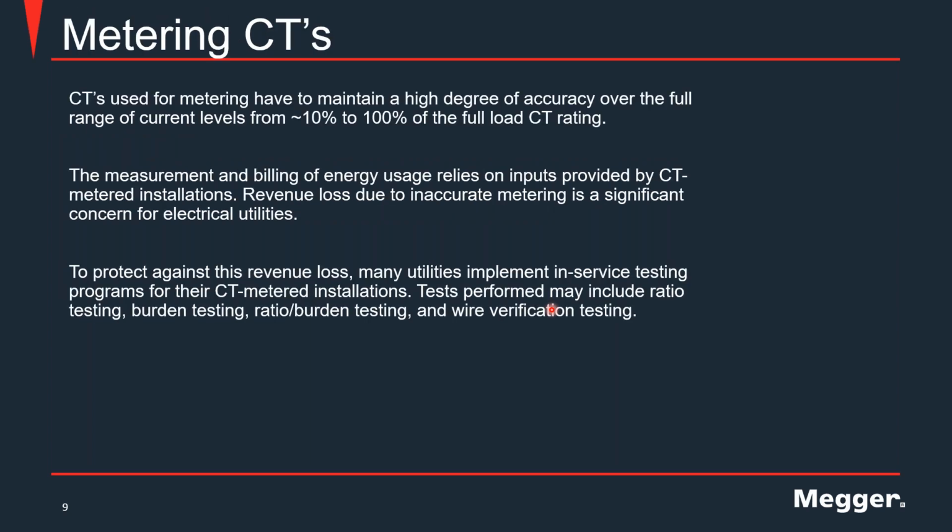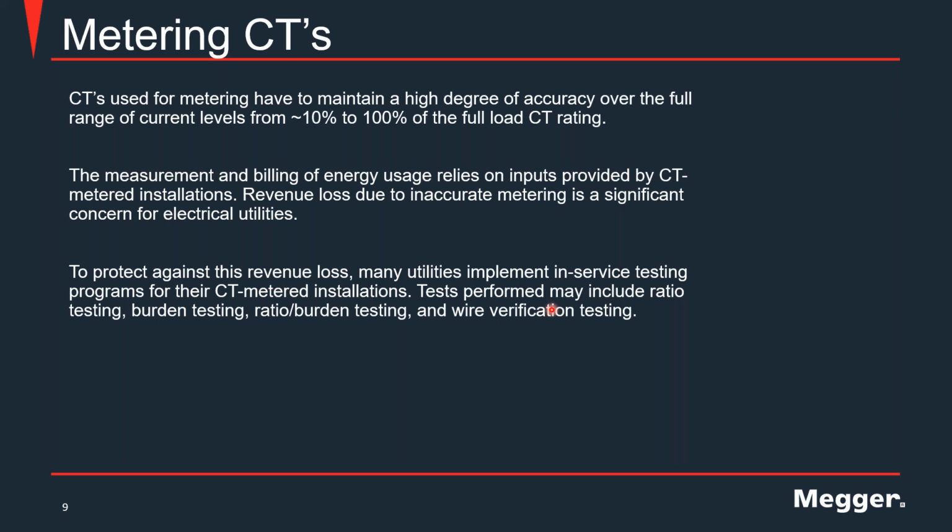As applications, we have metering CTs, which are used to maintain a high degree of accuracy over the full range of current levels, all the way from 10% to 100% of the full load. We will discuss higher accuracy applications at the end of the presentation. We use them to measure and to bill the energy usage, which relies on inputs provided by CT metered installations.